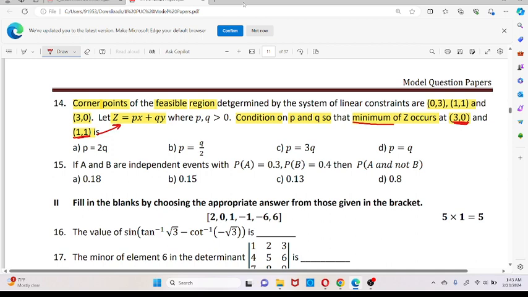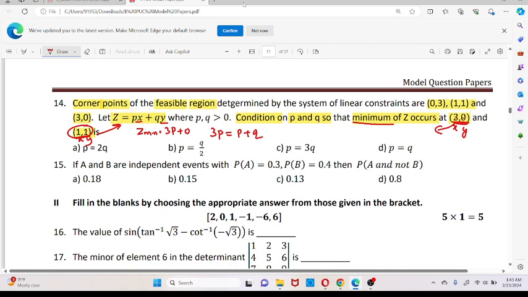Just put these 2 points in the given function in place of x and y and equate them. Suppose I put (3, 0) here, what happens? Then z minimum is 3 into p, that is 3p, and 0 into q is 0. So I get 3p, which is equal to the minimum at this point, that is p plus q.